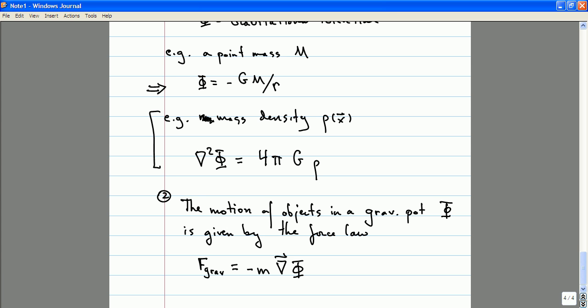And that, according to Newton's law, is equal to the mass times the acceleration of the object.